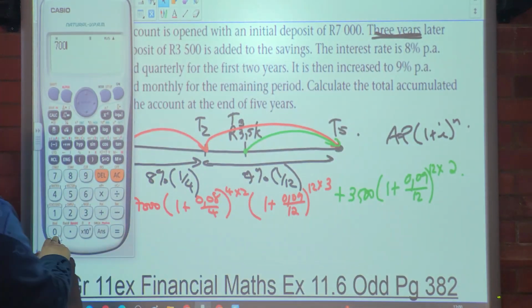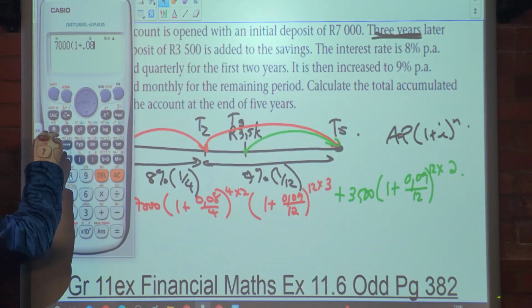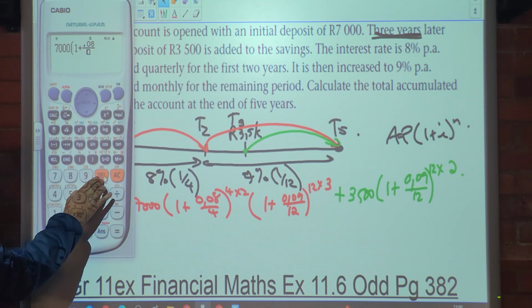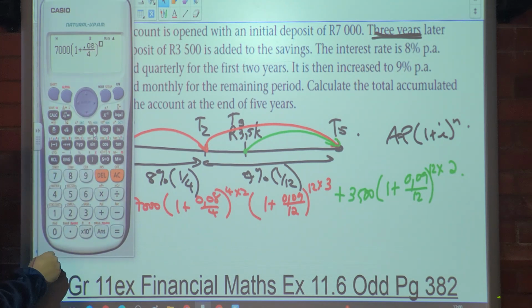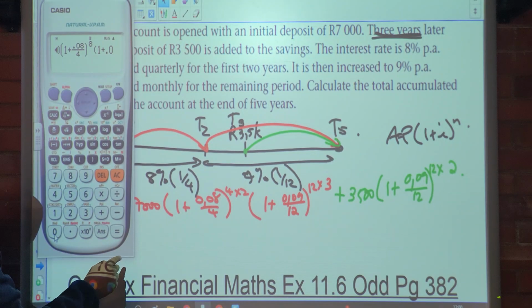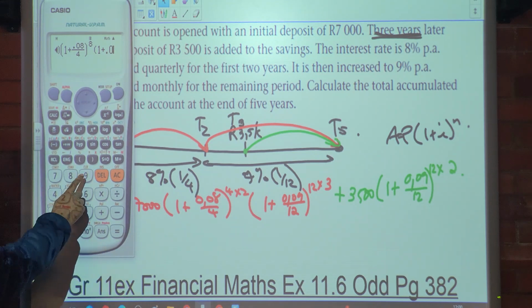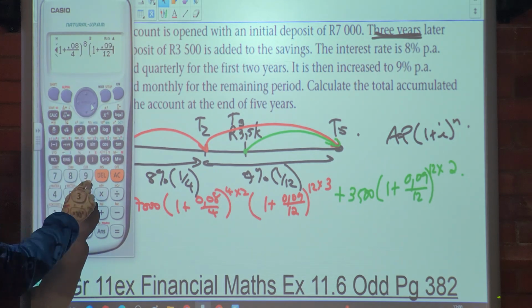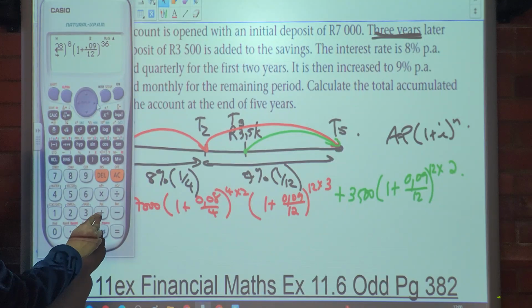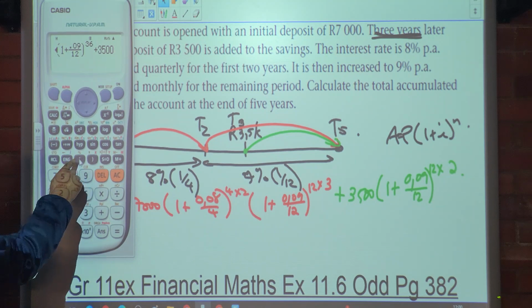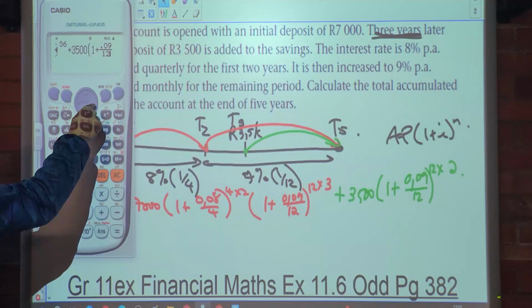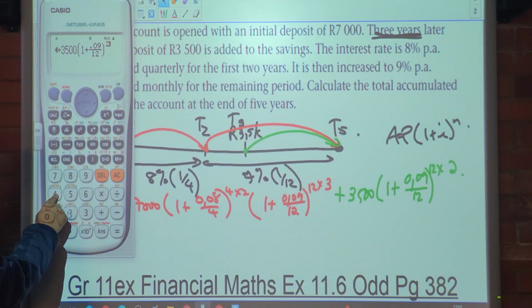So let's go. 7,000 into 1 plus 0.08 over 4 to the exponent 8 times 1 plus 0.09 over 12 to the exponent 12 times 3, which is 36, plus 3,500, open brackets, 1 plus 0.09 over 12 to the exponent 24.